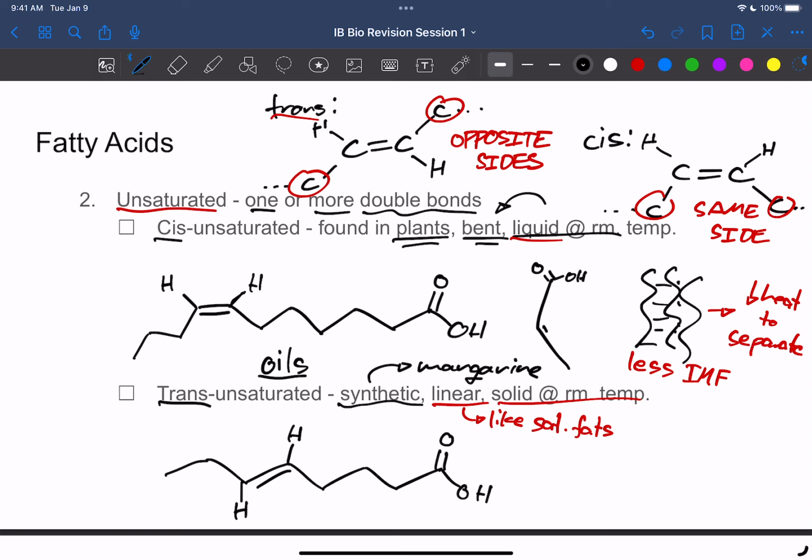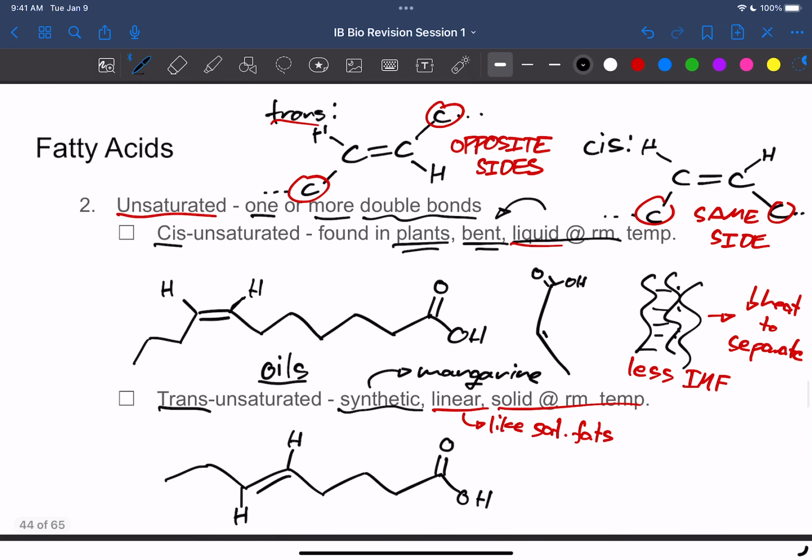The reason is they take oils and add a bunch of hydrogen and take some of the double bonds and make them trans, from cis to trans, which makes them solid. It's basically a way to make butter vegan by not taking it from animals. And these are really bad. Both saturated fats and trans fats are bad for you, and we're going to get into why. I'll clarify as well, you don't need to know how to draw these.